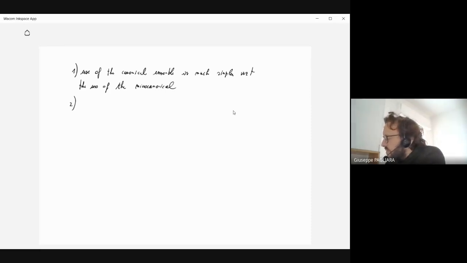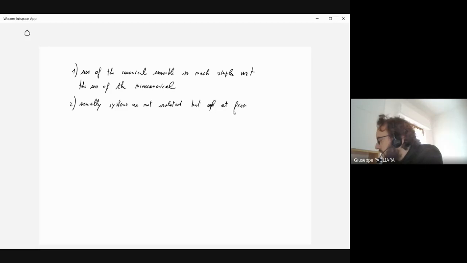The second reason for using the canonical is physical. It is an ensemble which is closer to a physical situation in which usually systems are not isolated, but at fixed temperature.